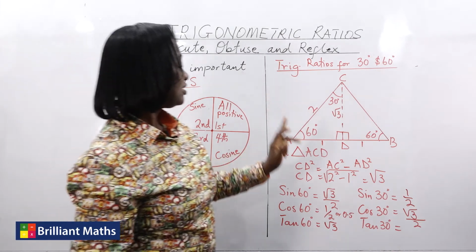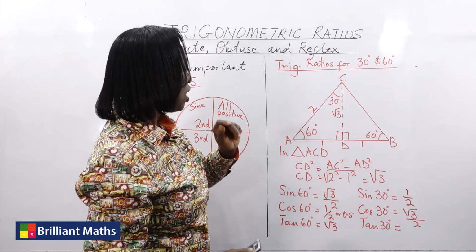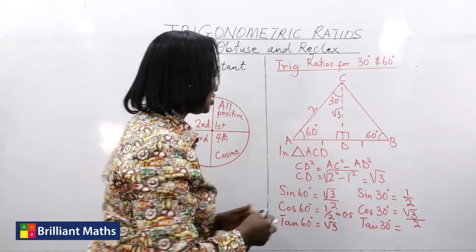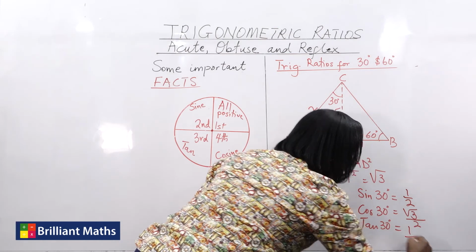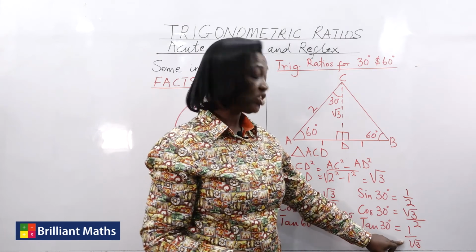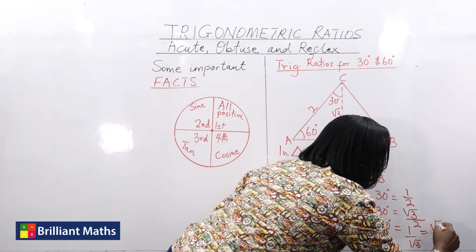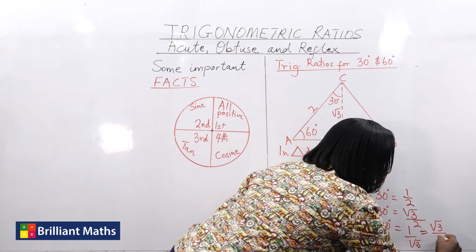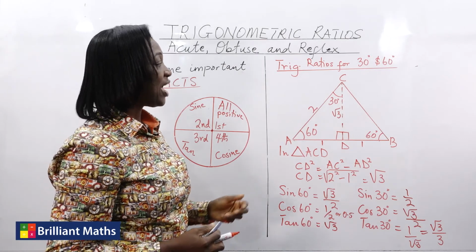And then tan 30 degrees is equal to opposite over adjacent, which is 1 over root 3. And if you have 1 over root 3, you're supposed to rationalize the denominator, and that gives us root 3 over 3. So those are special angles.